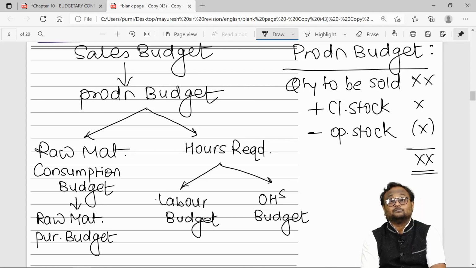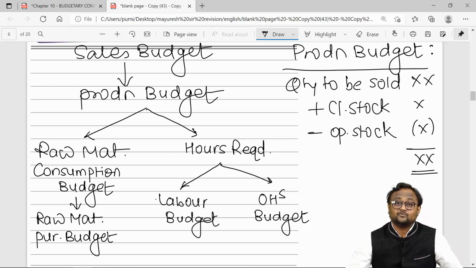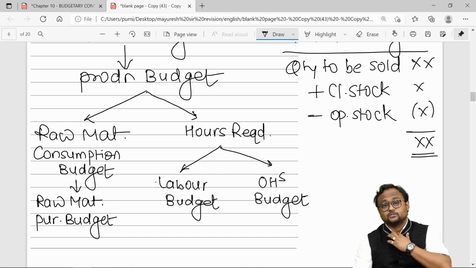Multiplied by the labor rate will give you the labor budget. 45,000 hours multiplied by the hourly rate given for overheads will help you get the overhead figure as well. And guys, if you have material, labor and overhead figures generated, your entire budget is ready. I hope you are understanding what I'm saying.